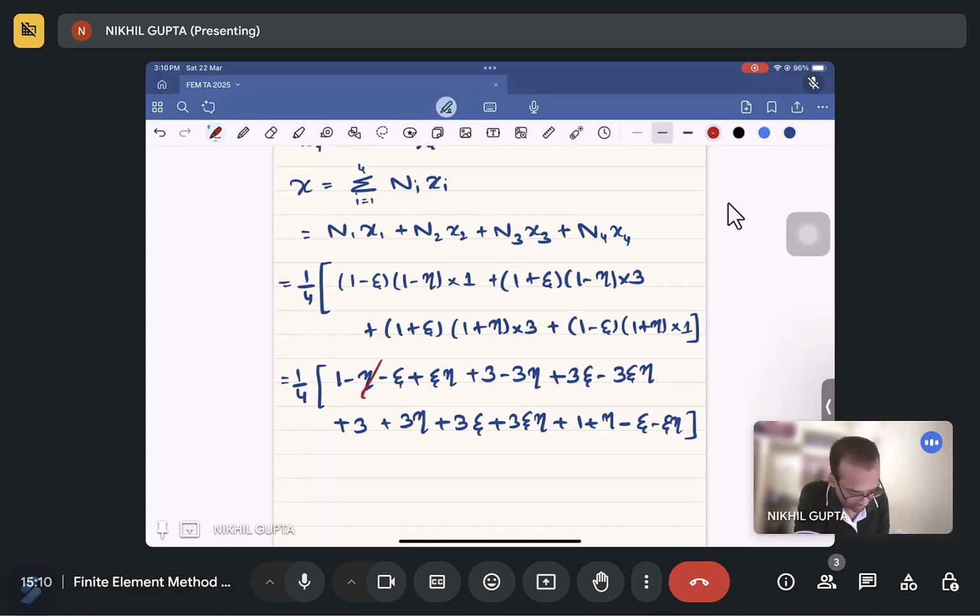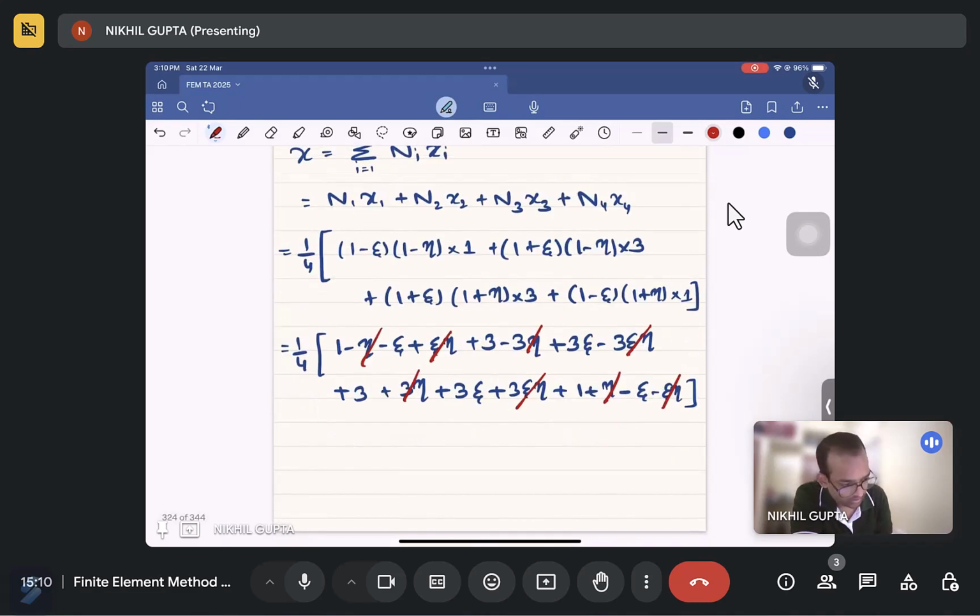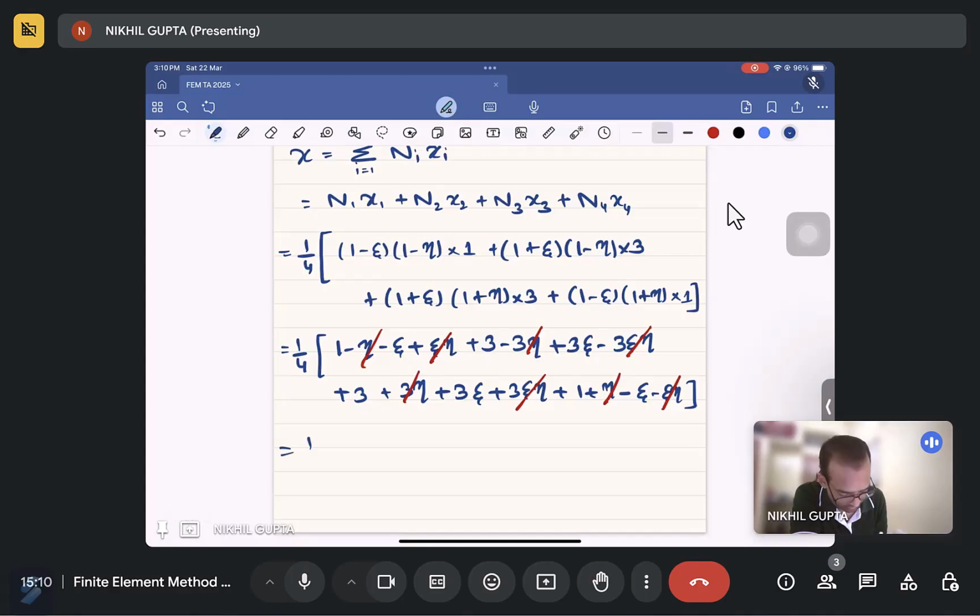Okay, so what we can see, what are the things which are cancelling? This eta can be cancelled by this eta, then 3 eta cancels, and 3 xi eta cancels. Then this xi eta is gone. That's it. Now we can write 1 by 4.